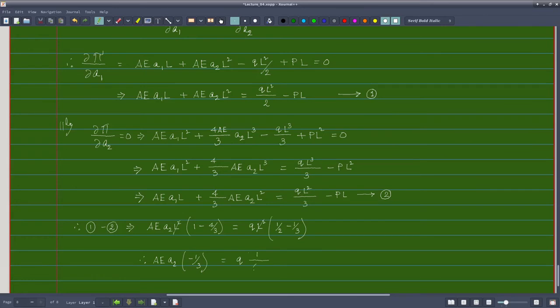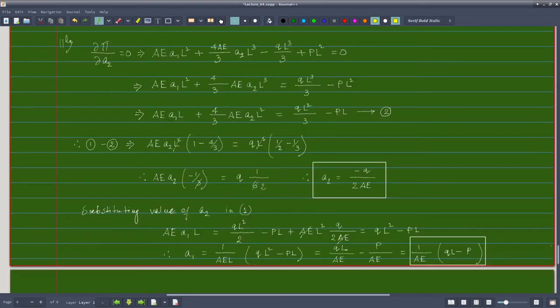So again, if I multiply both the sides by 3, then I'll have half here, and therefore my A2 is minus Q by twice AE. So this is my value of A2.